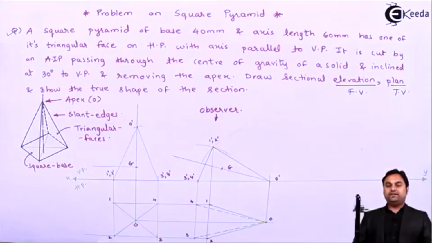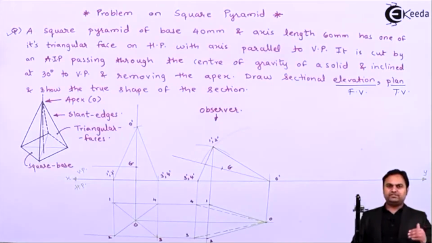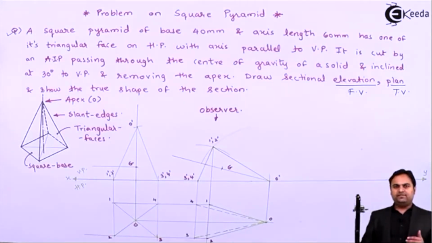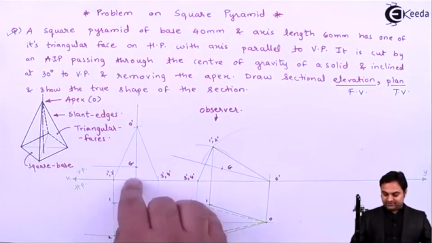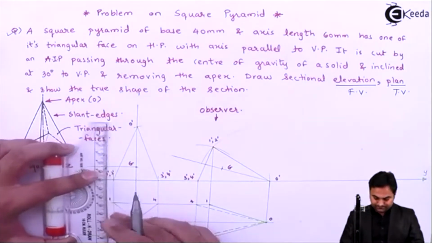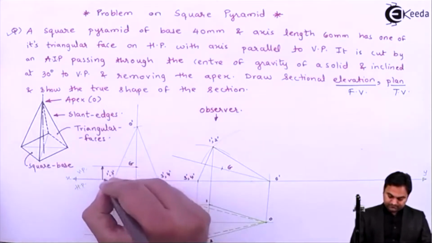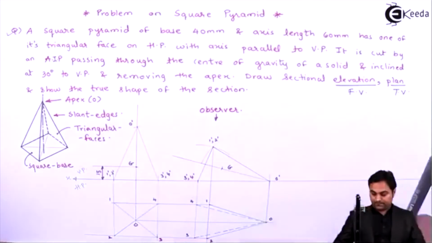For any kind of pyramid, the CG will be located at h by 4 distance from the base. Even for the cone, it is at h by 4 distance. But for cylinder, it will be at h by 2 distance. So at h by 4 distance, I'll mark it. This is 15 mm, which is nothing but h by 4.